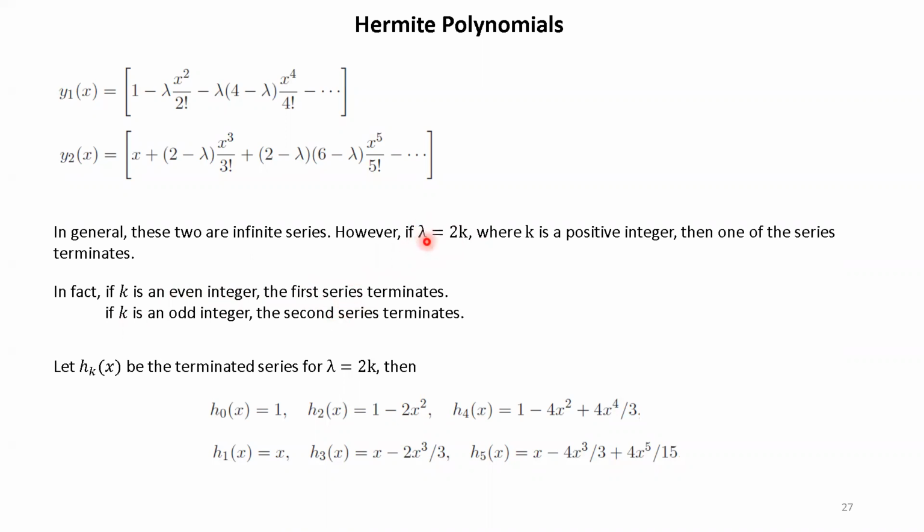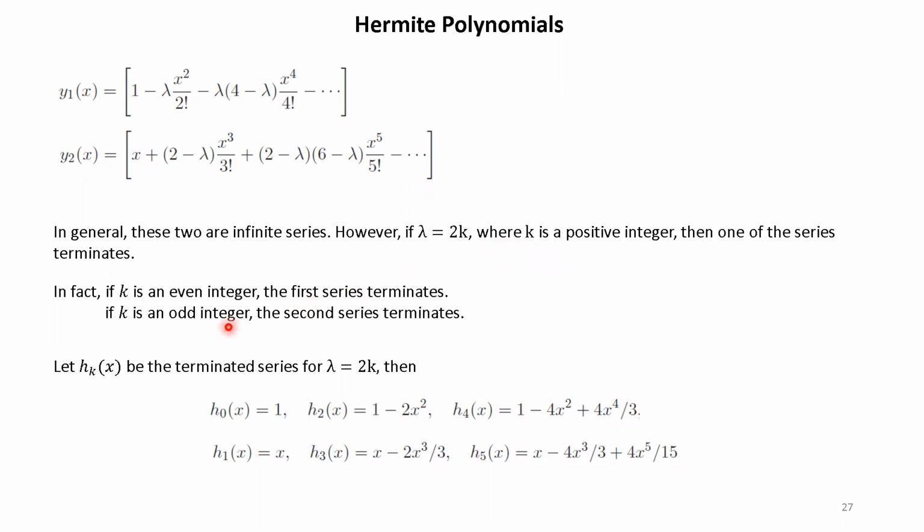If k is even, then you have 2, 4, 16, and so on.